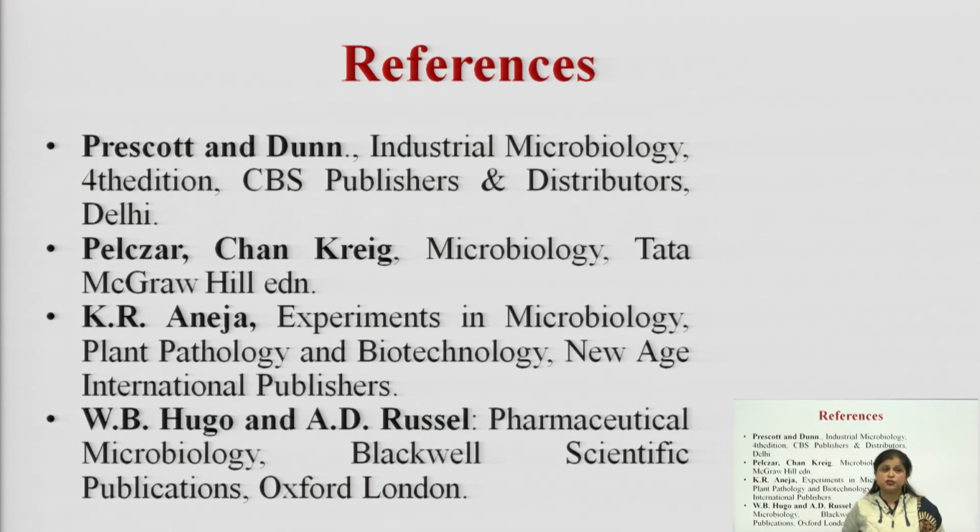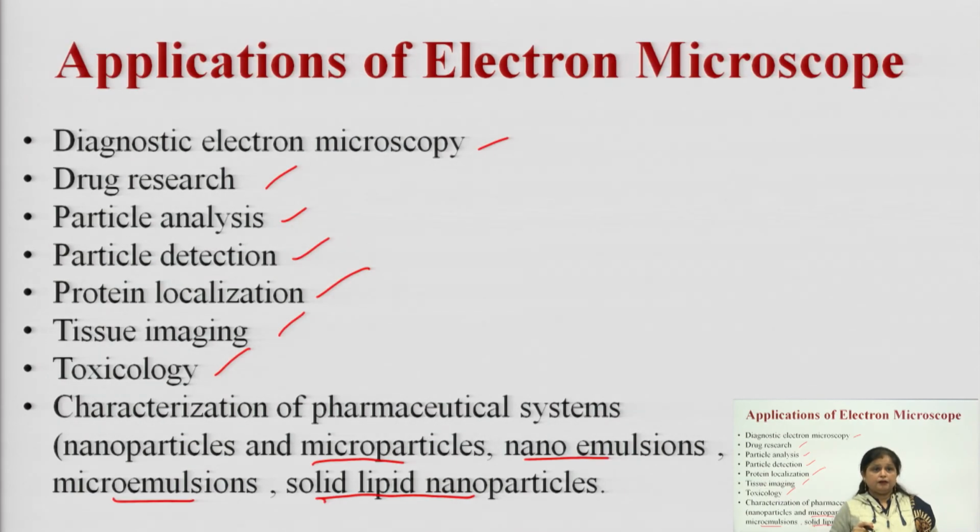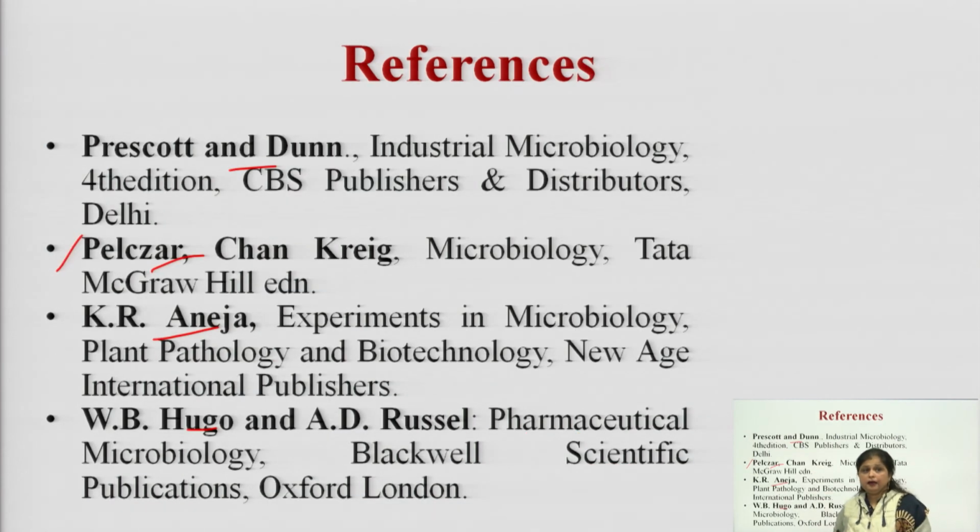Now, the references you need to follow are Prescott, Dunn and Pelczar, and K.R. Aneja. You can follow Hugo and Russell as well, but the best book which I always prefer for microscopy is Pelczar. Pelczar gives you the whole data about microbiology.